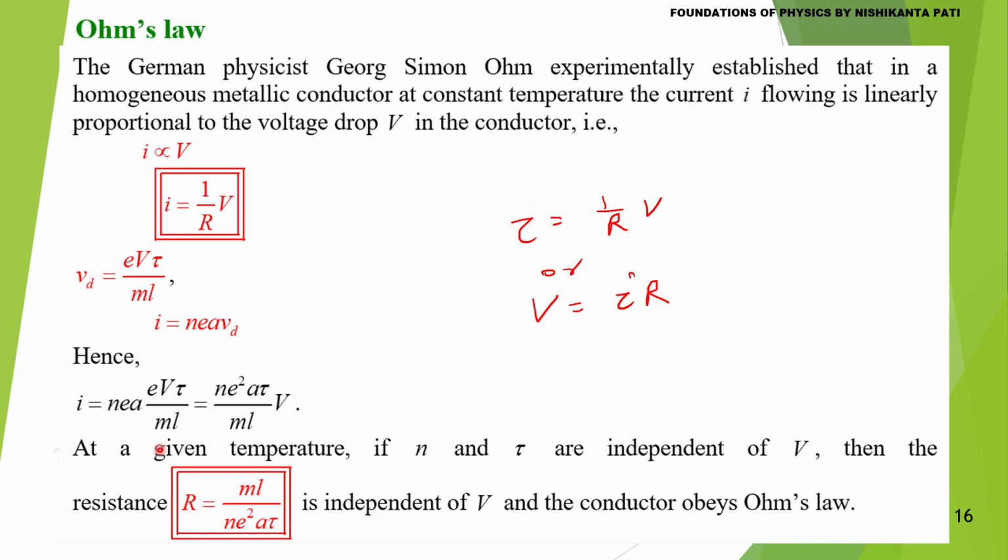At a constant temperature, L doesn't vary, A doesn't vary. If we find that at a constant temperature n and tau are independent of V, then this R remains constant. Then I is proportional to V. This is Ohm's law.